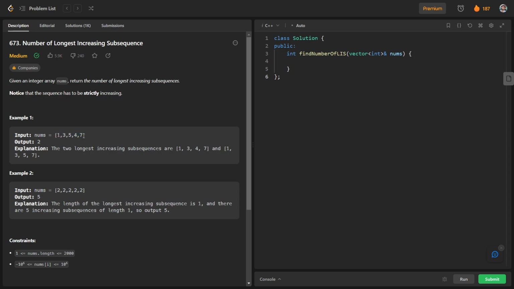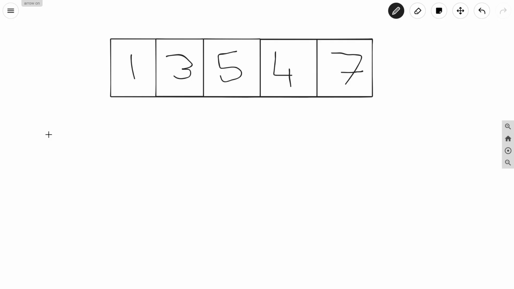So let us have a closer view of this input. For this particular array, we can have the longest increasing subsequence as 1, 3, 5 and 7. You can see that this sequence is increasing, and the length of this sequence is 4.